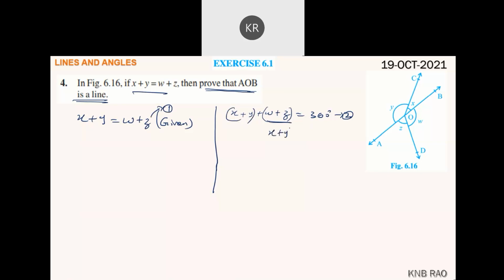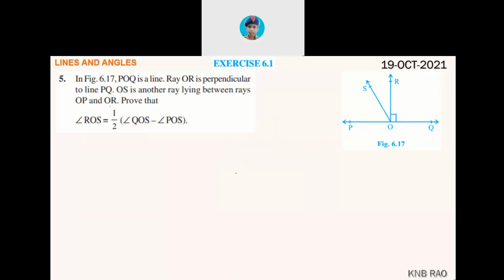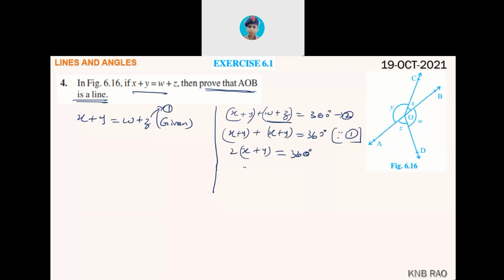Yes, sir. 2x plus 2y equals 360 degrees. Why? Since 1, because you have already made it as an equation. Now 2x plus 2y equals 360 degrees, you know how it has come: algebraic simplification. Sir, x plus y is equal to 180 degrees, sir. Very good.